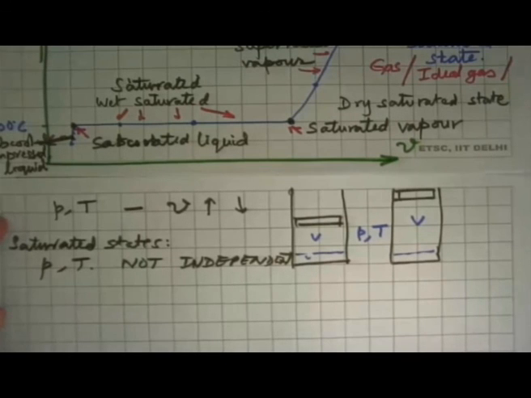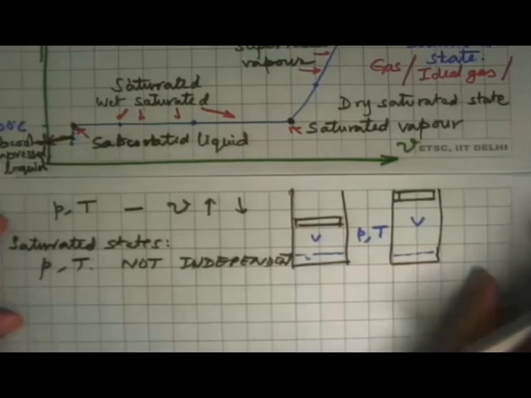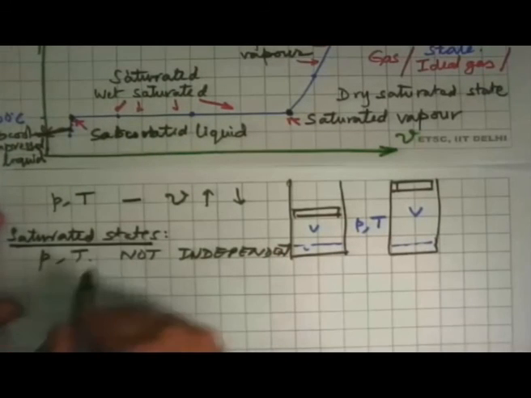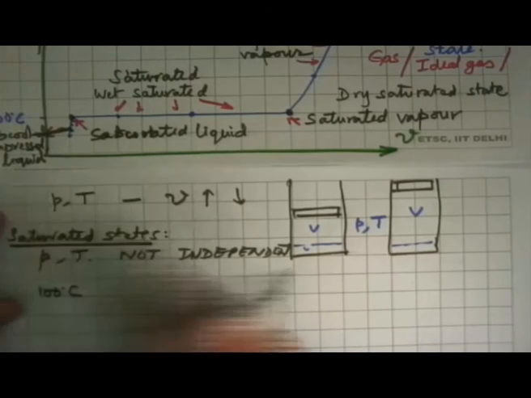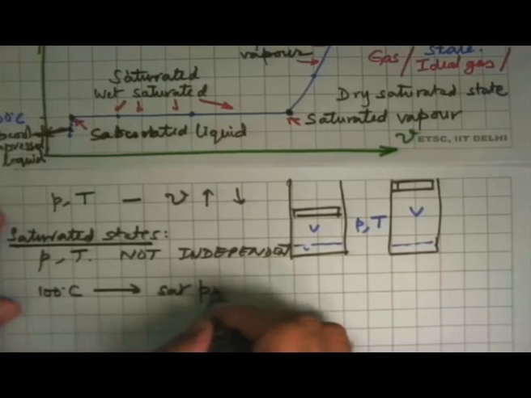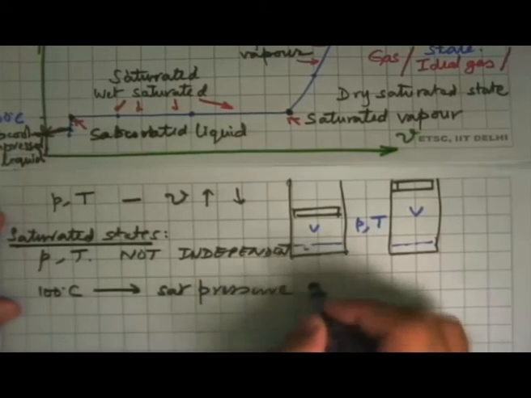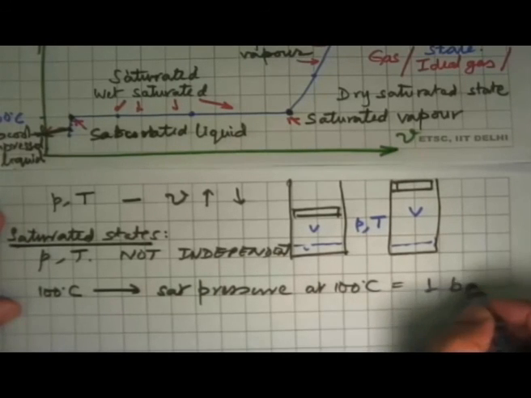There is a one-to-one correlation between pressure and temperature, but that's only in the saturated state. That means if you say, well, what is the temperature? Say, well, 100 degrees Celsius. Then we can look up data that is already there and say, look, the saturation pressure at 100 degrees C is 1 bar.